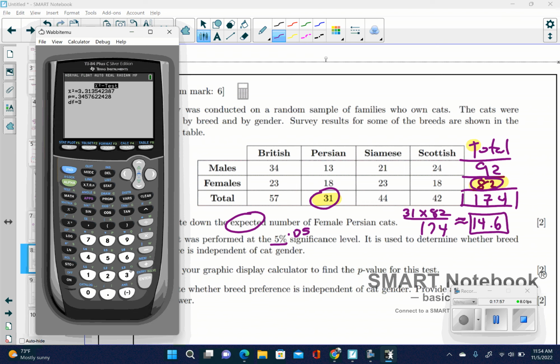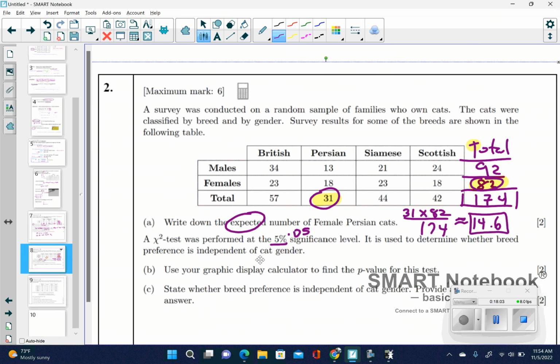So our p-value is important, so that's about 0.346. So we used our graphing calculator to figure that out. So that is the p-value.